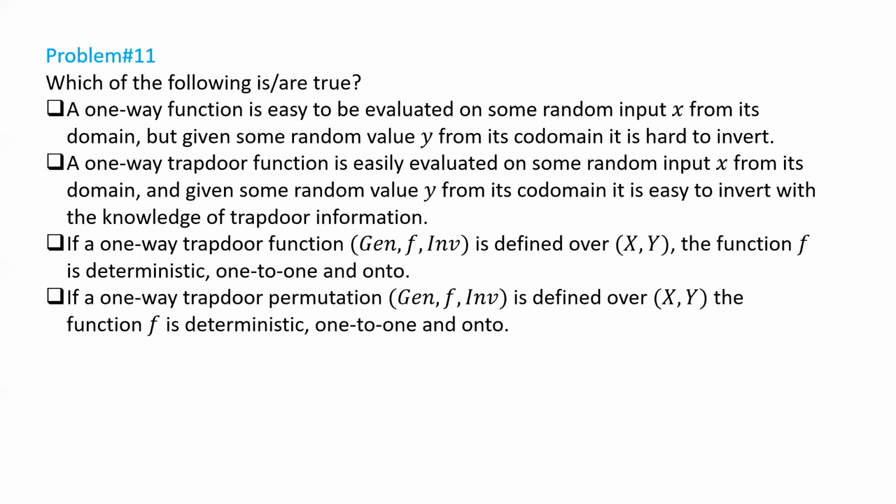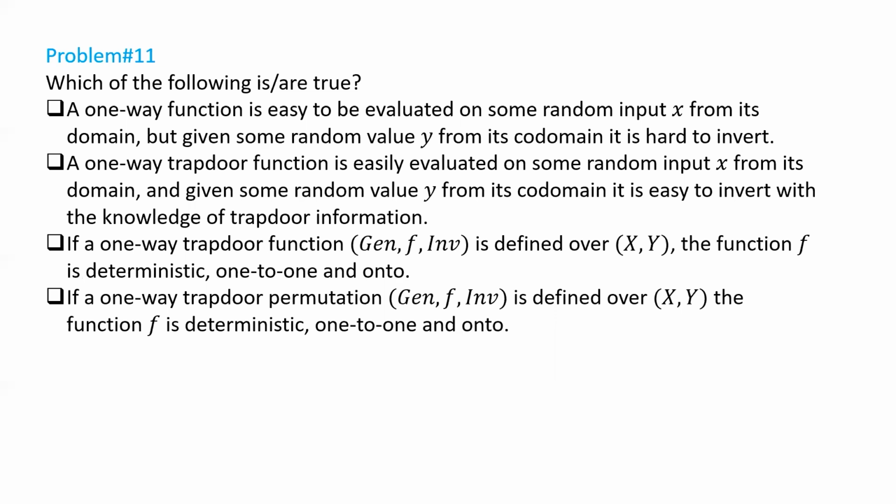So next question. Which of the following is or are true? A one-way function is easy to evaluate on some random input x from its domain, but given some random value y from its codomain, it is hard to invert. A one-way trapdoor function is easily evaluated on some random input x from its domain, and given some random value y from its codomain, it is easy to invert with the knowledge of trapdoor information.